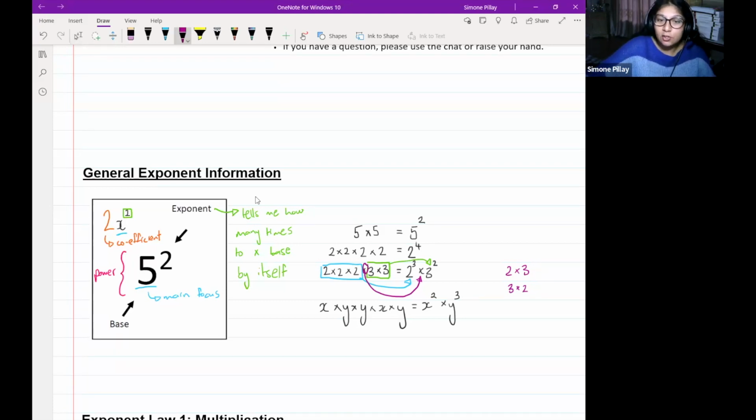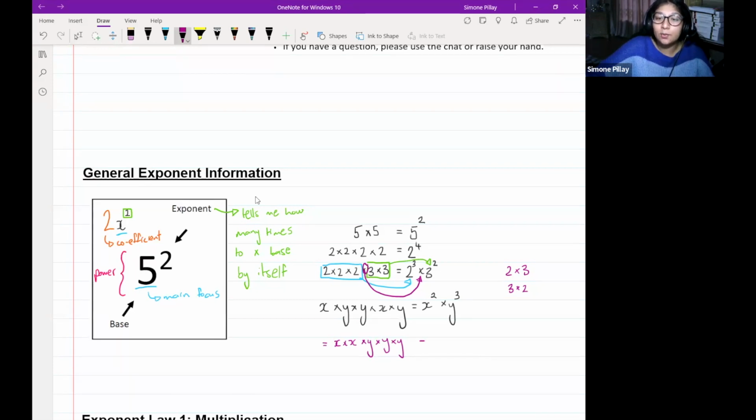So if I didn't know, what I could have done is moved all my like terms, as we call them, together, move all my terms that are the same, so all my same variables together, and I would have seen, okay, look, x times y times x times y is the same thing as saying x times x times y times y times y.